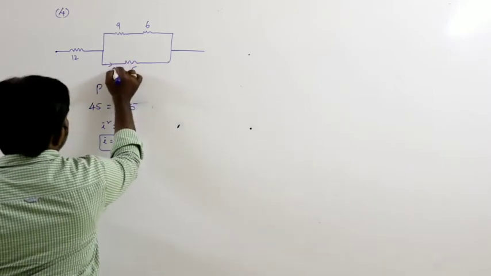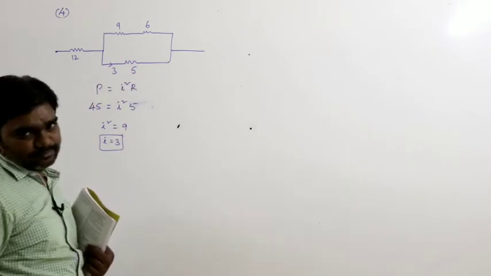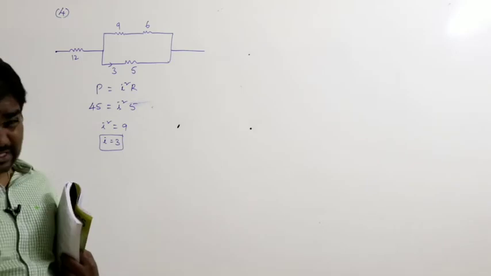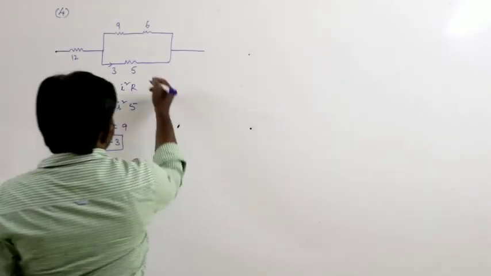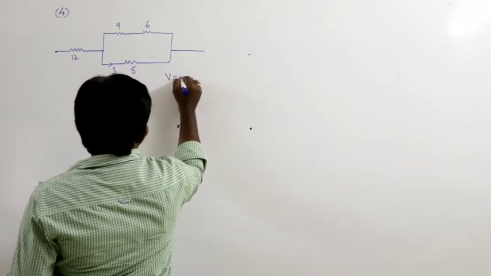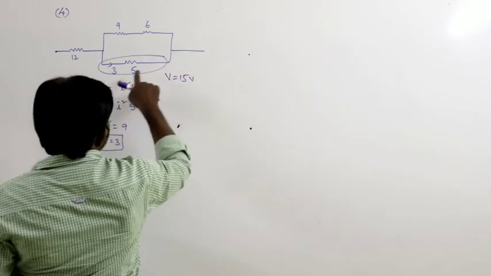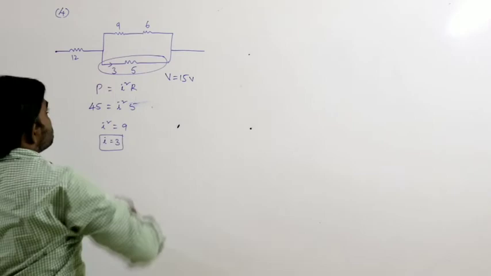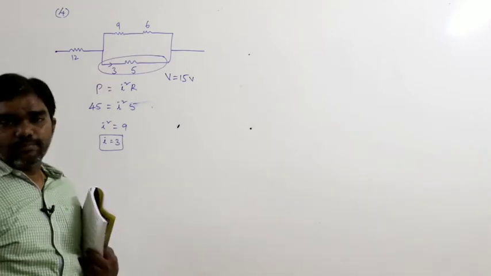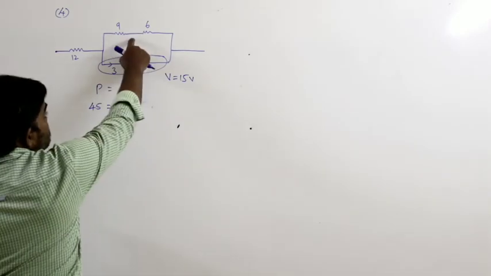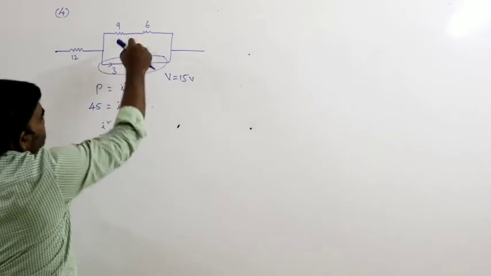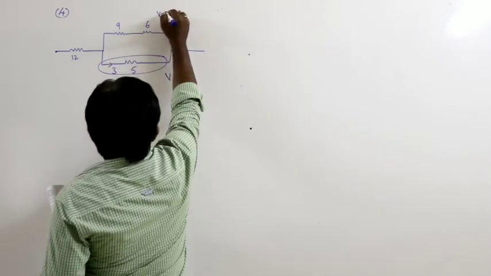So the current passing through this branch is 3. What is the potential across here? The potential is equal to IR, 15 volts. Here also the potential is 15 because both are in parallel.